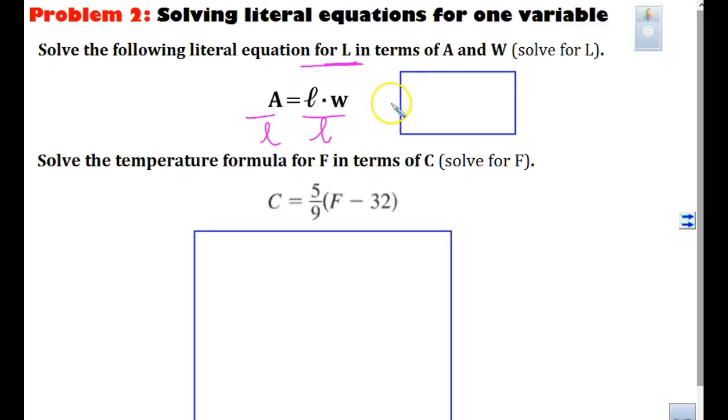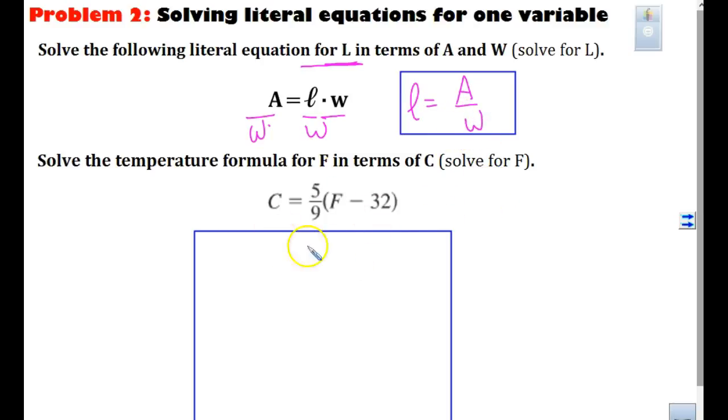My answer, okay, not divide by L, we should divide by what? W. We're trying to get the L by itself, and so I can now write L is equal to capital A, please keep the uppercase and lowercase as they are written, A divided by W.